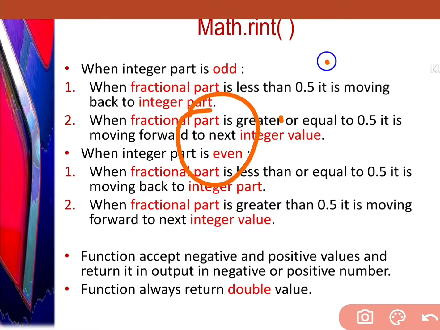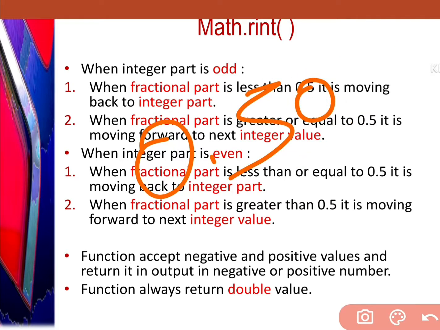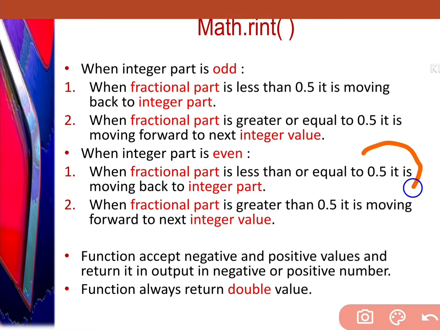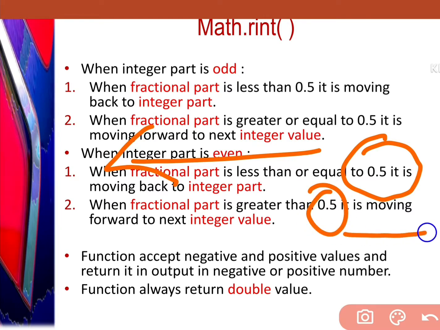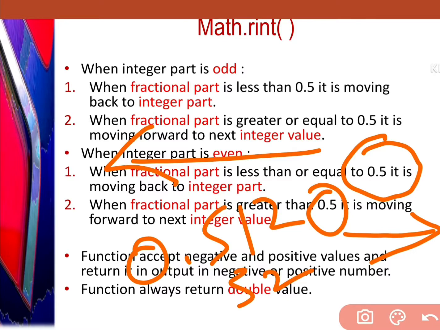Till 0.5 you have to move backwards, and after getting a value more than 0.5, you have to move forward. After 0.5 means 0.51, 0.52, anything in this way, you have to move in the forward direction.